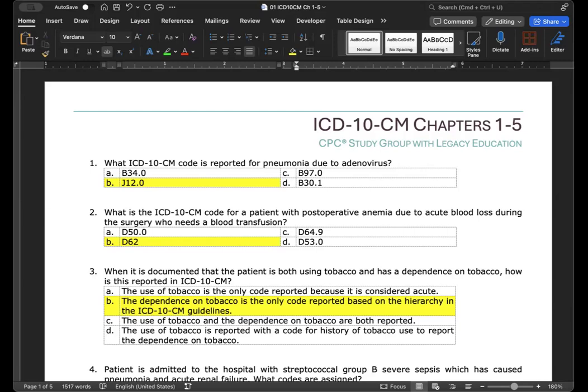Whereas with your ICD-10 guidelines, even if it's just, hey, I only have 5 minutes, I'm sitting in the carpool line, I'm just going to read through a couple paragraphs, right? Try to read through your ICD-10 guidelines as many times as you can between now and 2 weeks when you test.